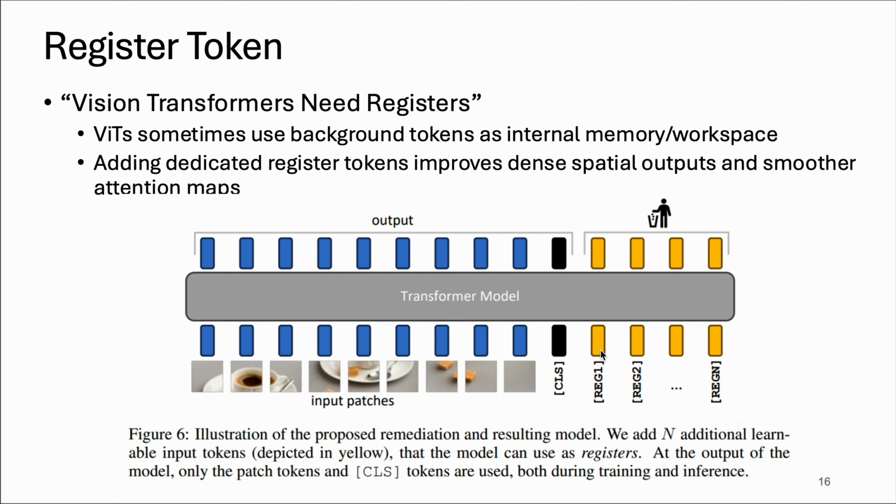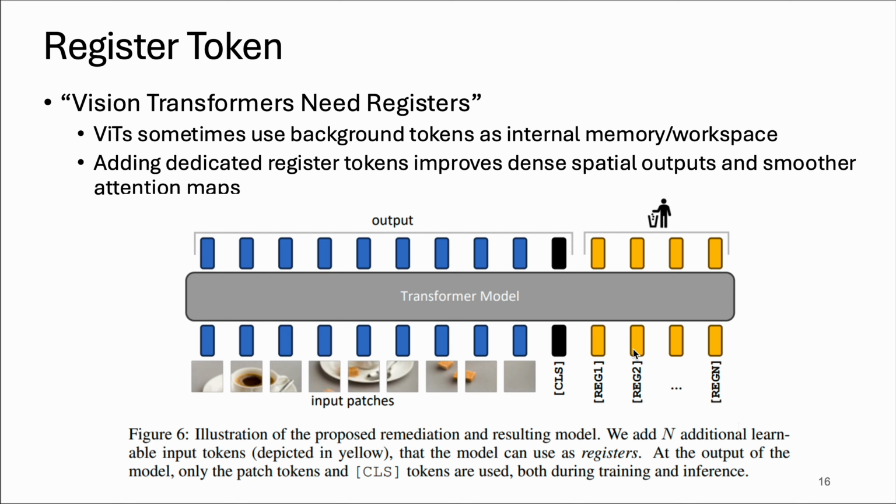We additionally append, for example, 4 register tokens. Then on the output side, we discard these 4 register tokens, and the rest works as a regular transformer model.